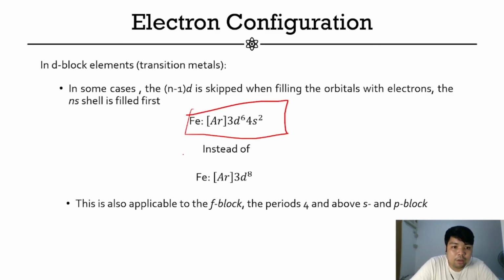This is more correct than this one, because there are some transition metals or d block elements wherein, even though the d subshell has not yet been filled, it will fill the ns orbital first. This phenomenon is also observed in the f block elements, and in period 4 and above s and p block elements.